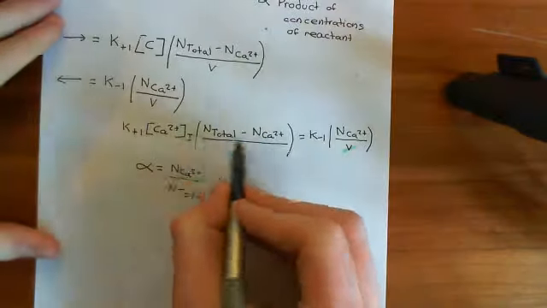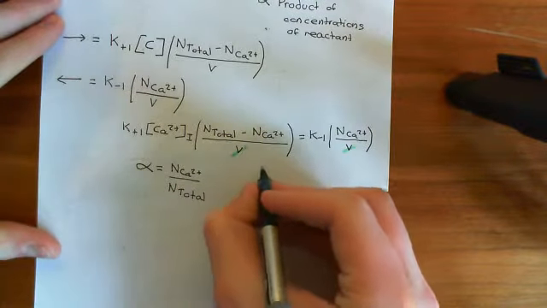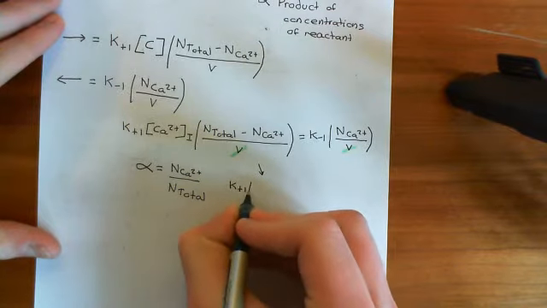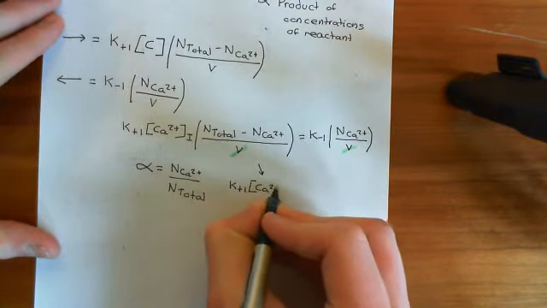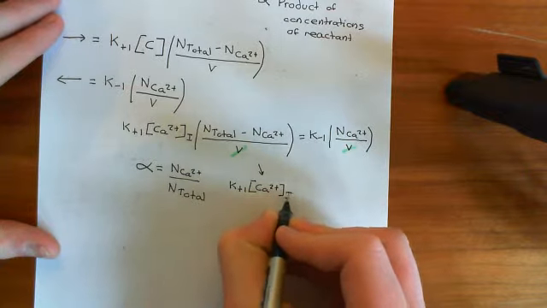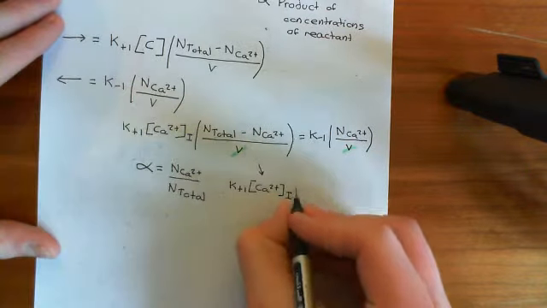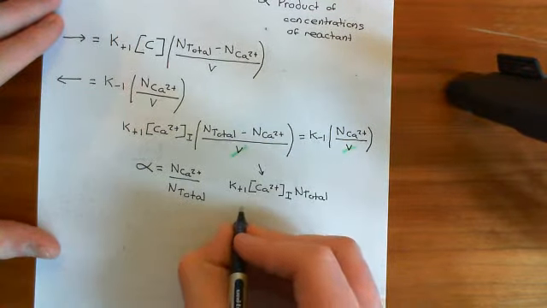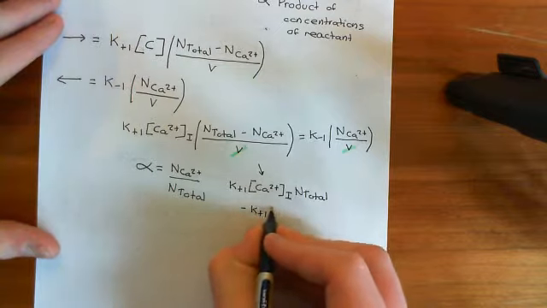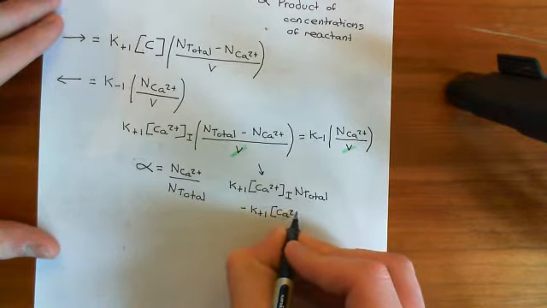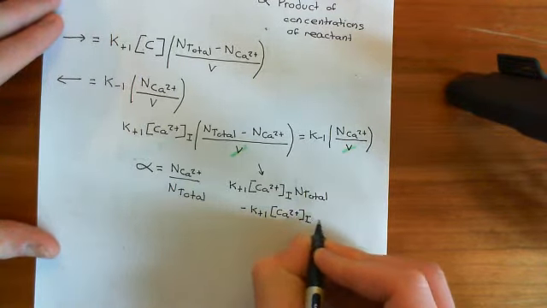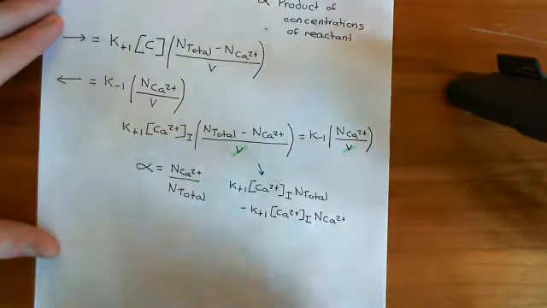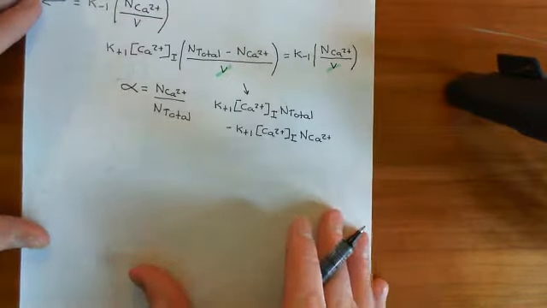Then we're going to multiply out this bracket here. So we've got K plus 1 times the concentration of calcium intracellularly, times N total, and then minus K plus 1 times the calcium concentration intracellularly times NCA2+. That's just that bracket multiplied out, using distributivity.